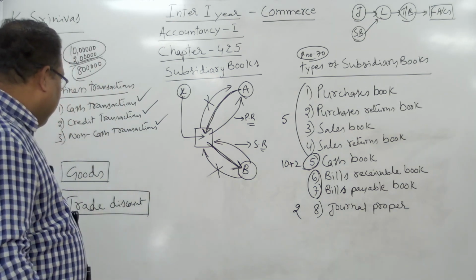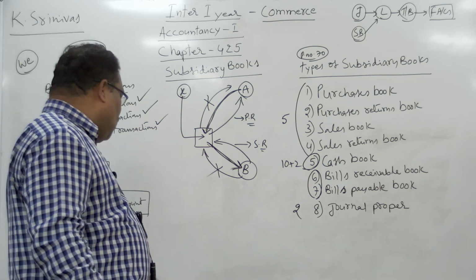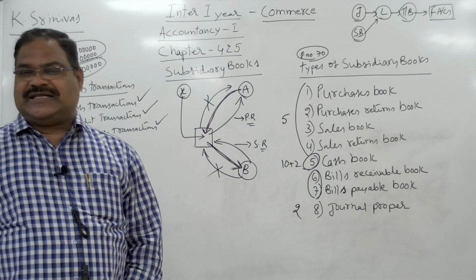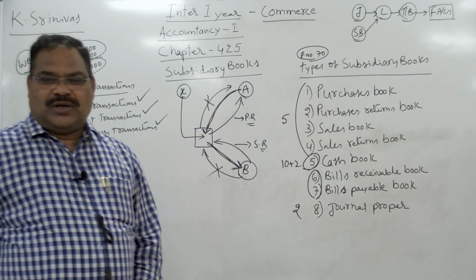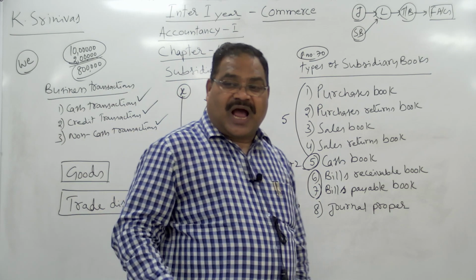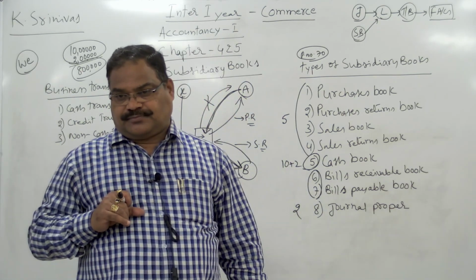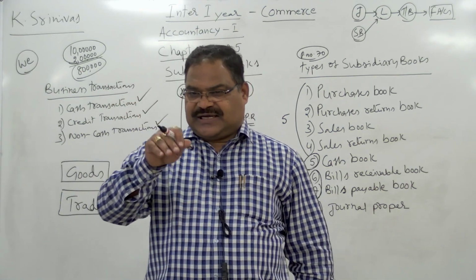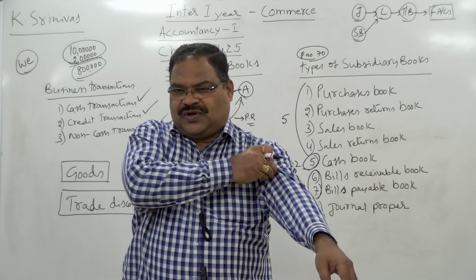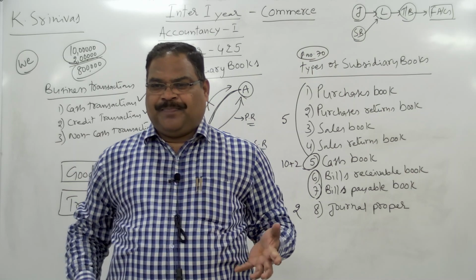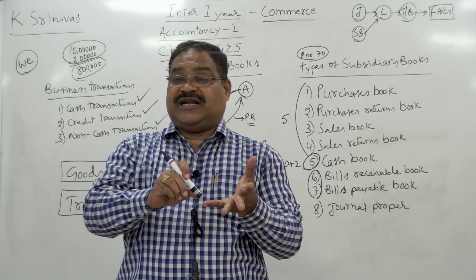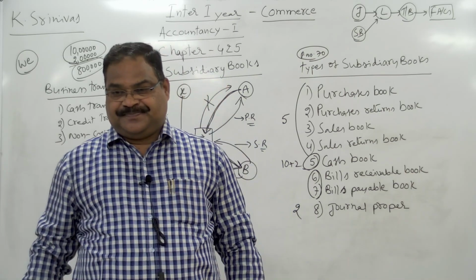And one more thing here, before going to the next point, trade discount, I would like to explain to you about the accounting cycle. Before this topic, subsidiary books, you might have completed journal, ledger, trial balance.